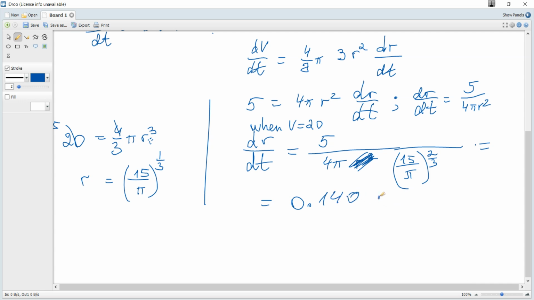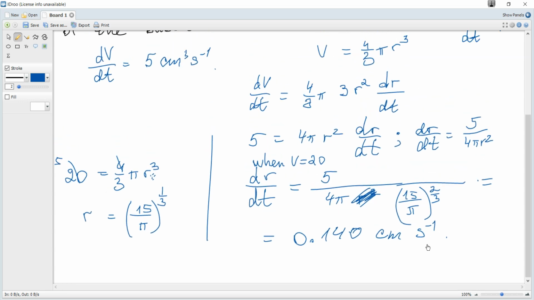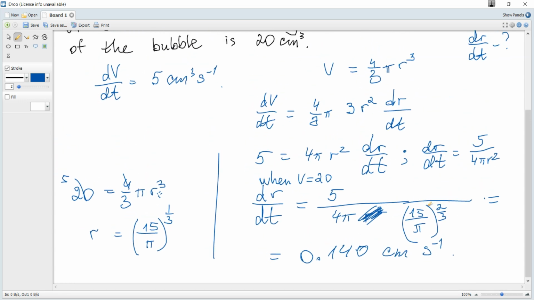And the unit is centimeters, because radius is measured in general in meters, here it's centimeters, and dt is time, so per second, centimeters per second as required. And that's all for this question.